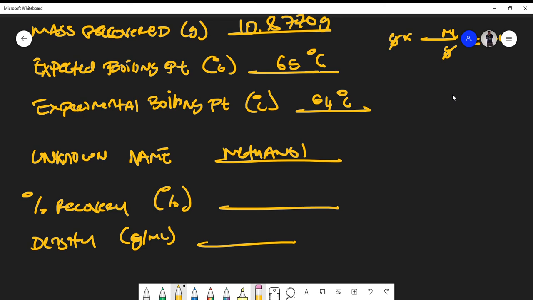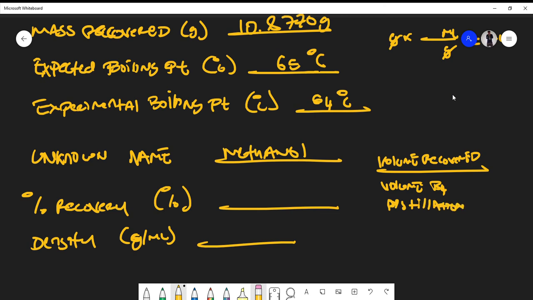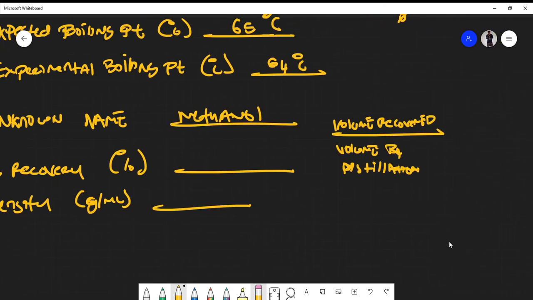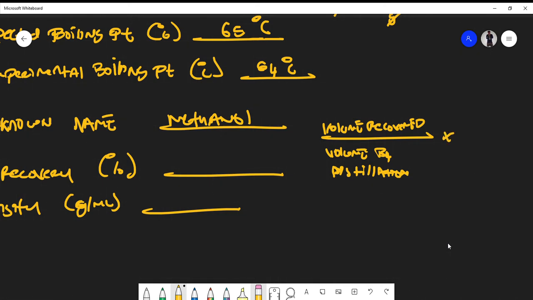For my percent recovery, that's simply the volume recovered over the volume of liquid before distillation. That's why it was important to measure the volume before distillation. And since it's a percent, we multiply this by 100%.